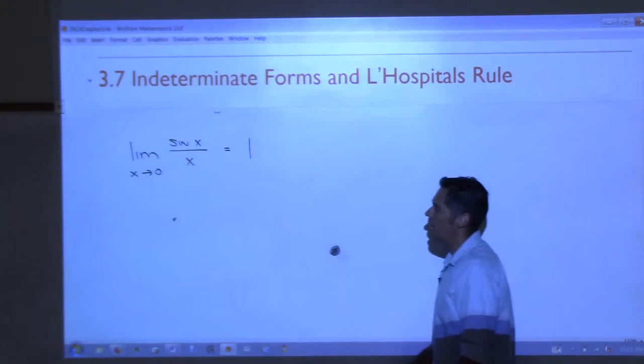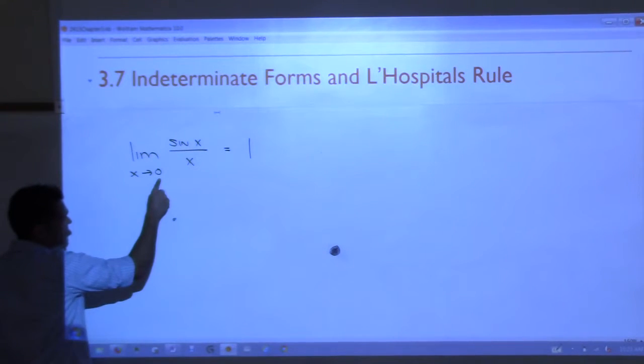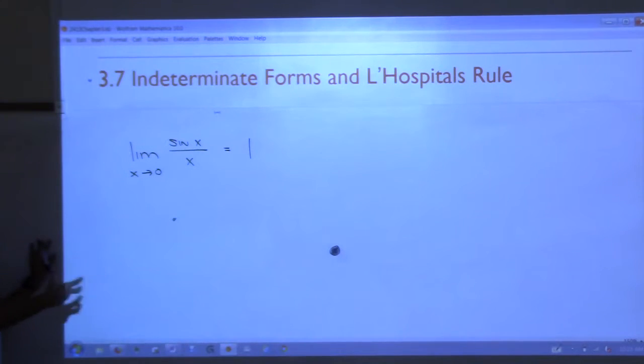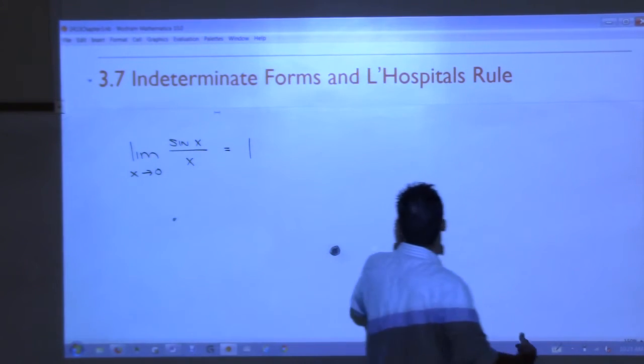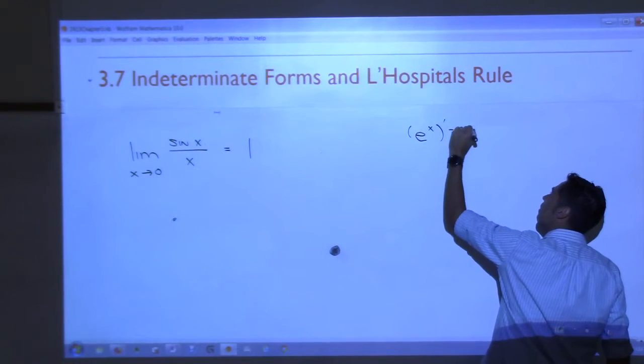The problem was that when we let x go to 0, we get 0 over 0, but there's no algebra or trick that we could do that allowed us to do this, right? In last class, remember I was trying to prove to you that the derivative of e to the x was itself?